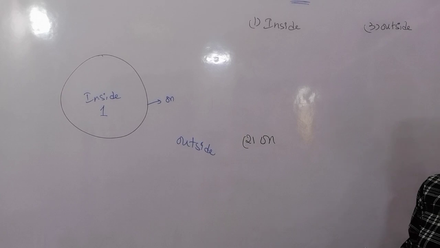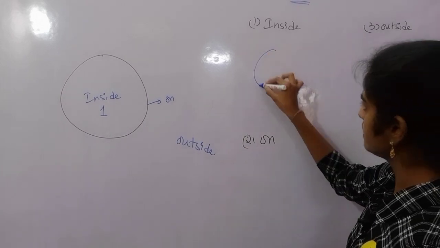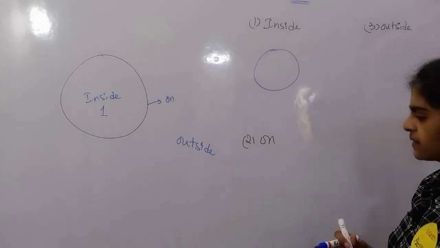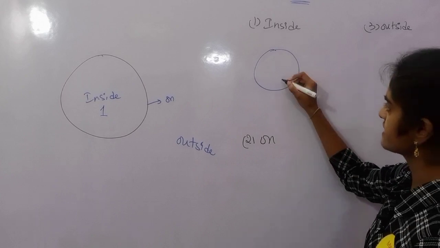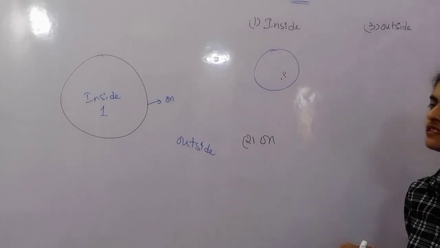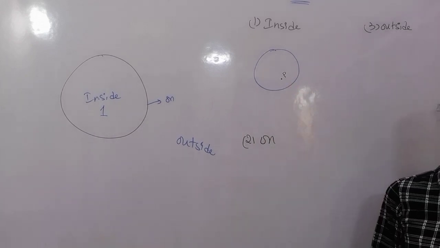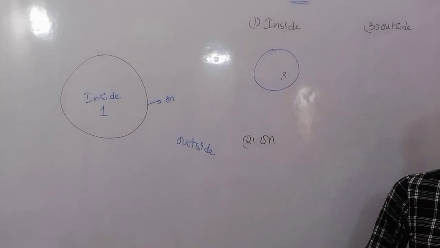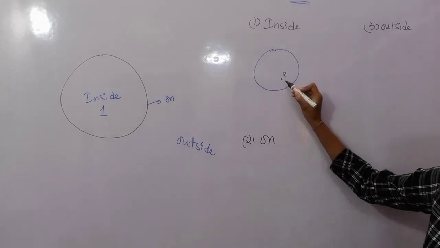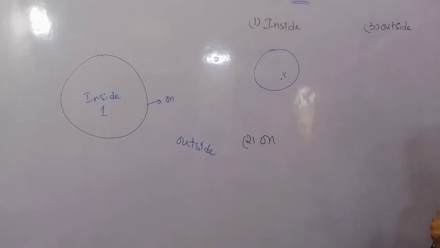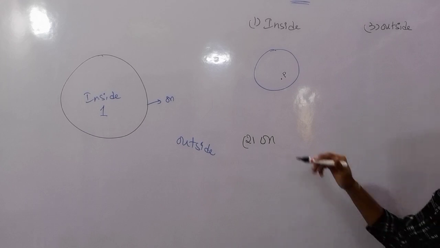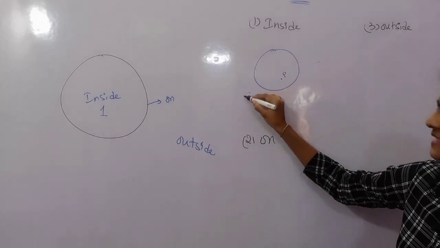Suppose I have a circle and I am considering a point inside the circle. Now tell me very quickly, how many tangents can I draw from this point? A tangent is nothing but a line.